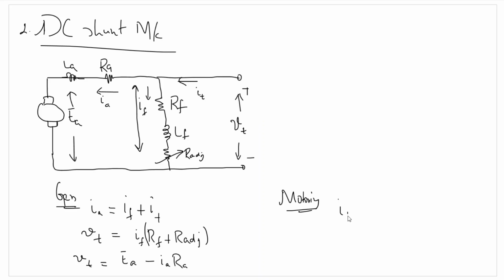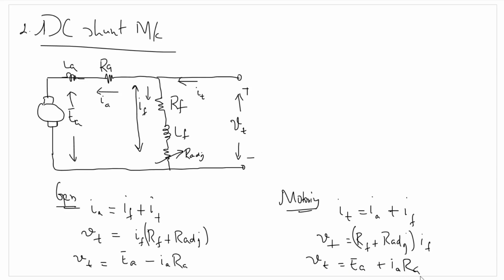So in the motoring mode, IT will be equal to IA plus IF, while the equation VT equal to RF plus R adjacent into IF will remain the same. The equation VT is equal to EA plus IARA will now hold true. Now, instead of VT equal to EA minus IARA, we'll have VT equal to EA plus IARA, where EA will actually be the back EMF in case of the motoring mode. So this is about the shunt circuit.